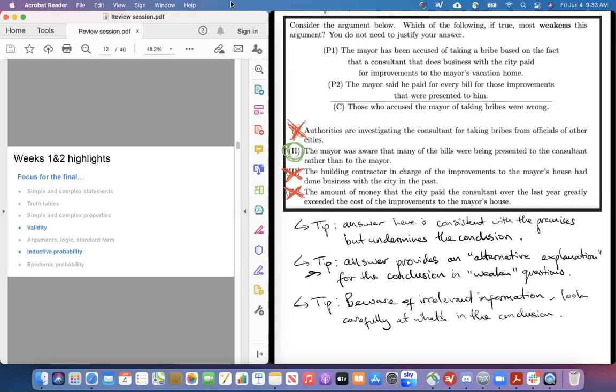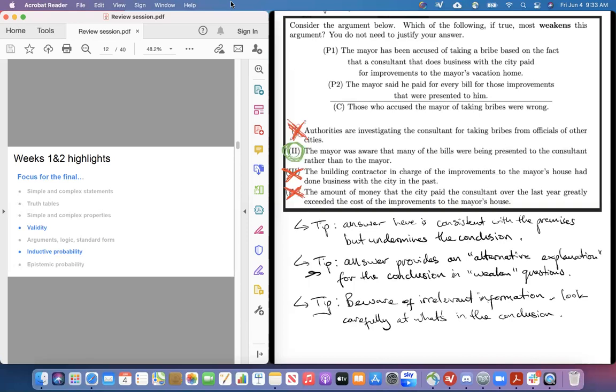The answer should talk about things that are specifically talked about in the conclusion, in some types of these questions. So whenever you see irrelevant information or tangential things being talked about in the answers, it should raise a red flag for you. You should be eliminating those types of answers. This third tip goes for strengthen questions as well, which I said we'll come on to a little bit later.